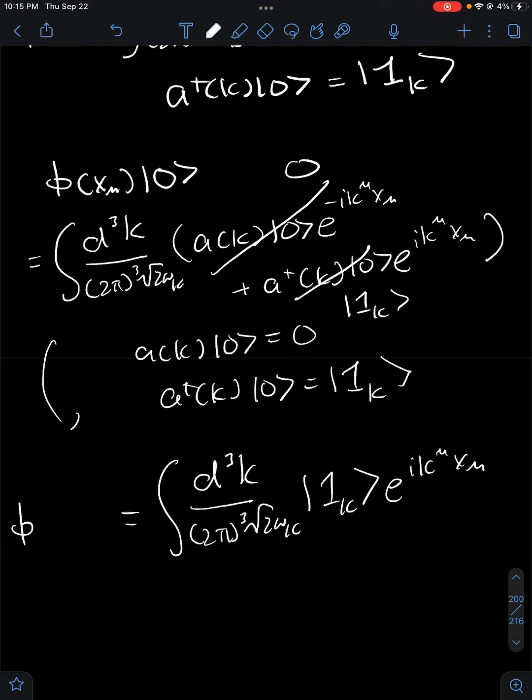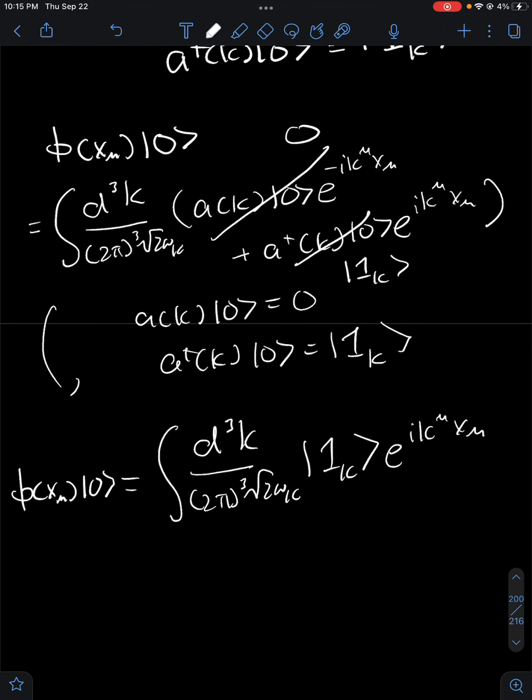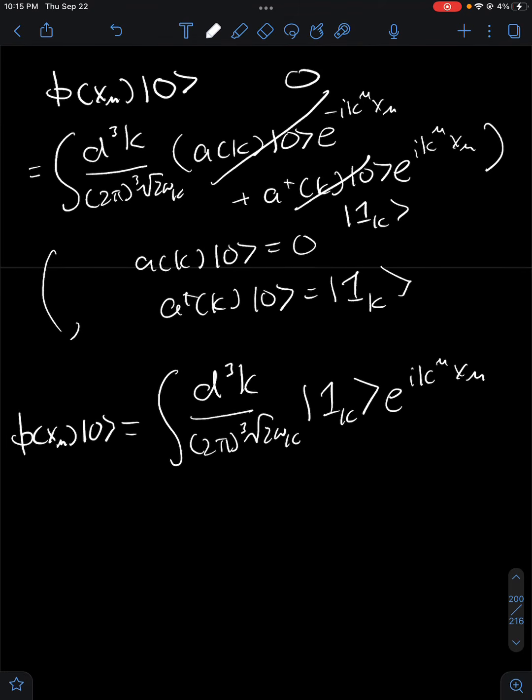So the field acting on the vacuum state actually gives us another vector state. Because remember that an integral is just a continuous sum, right? So we're basically just summing over the momenta.